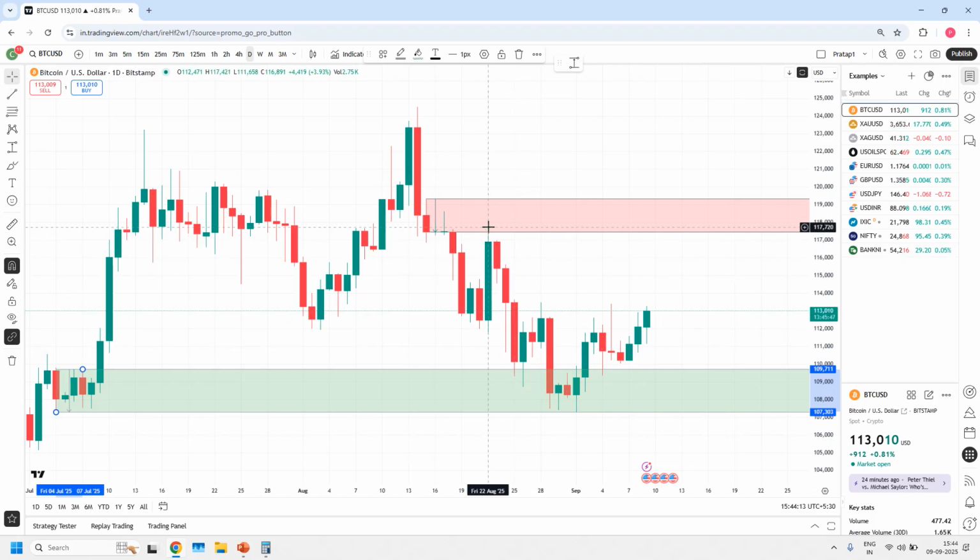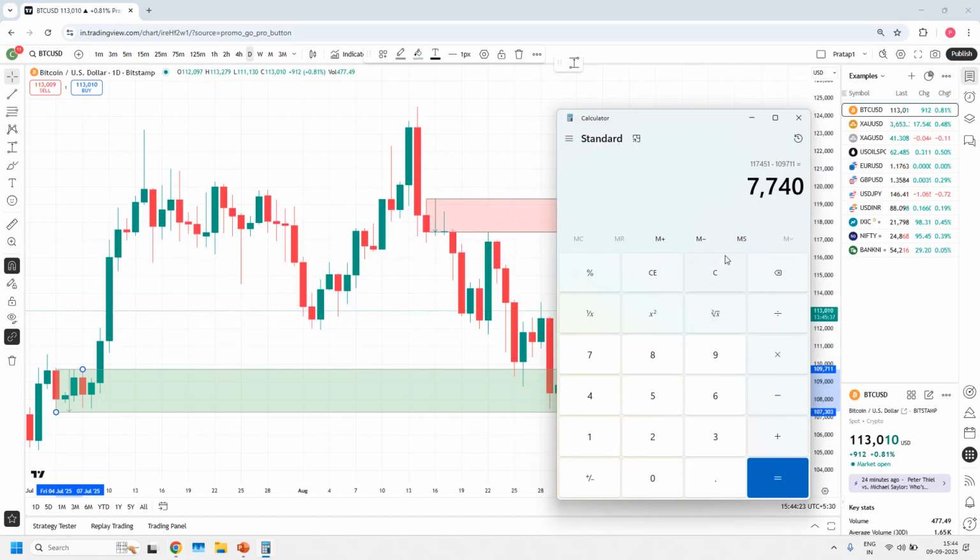First trading session is the entry, and the second, third and fourth trading sessions reached your target. In just 4 trading sessions, you would have got 7,740 rupees. Sorry, US dollars. Rupees is Indian currency. Sorry for the mistake. 7,740 US dollars is the profit you would have got.